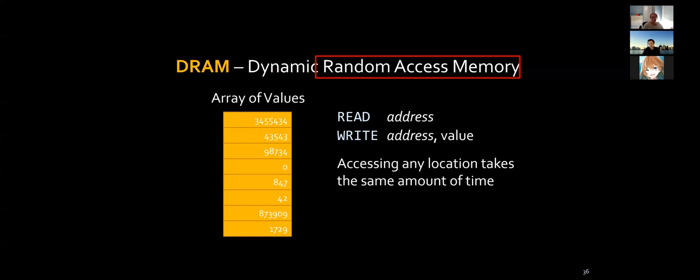Before I answer Sam's question, my question to you guys: why is random access so important? Why do we want any location to take the same amount of time? Yeah, so Terry said consistent performance. Yes, imagine you're a programmer. Soon you're going to write assembly code. Again, I'm just reminding you of the peak of this course.